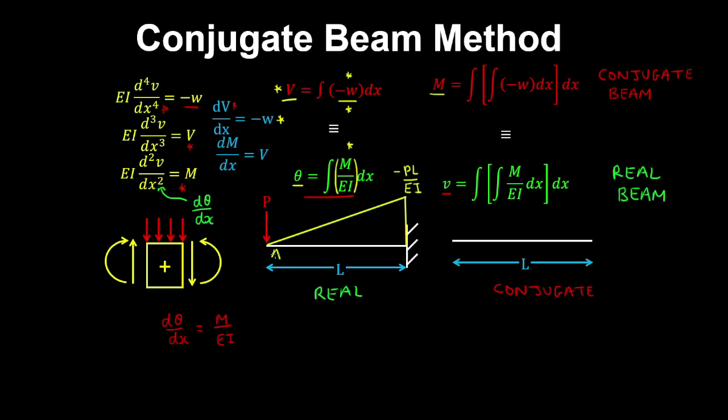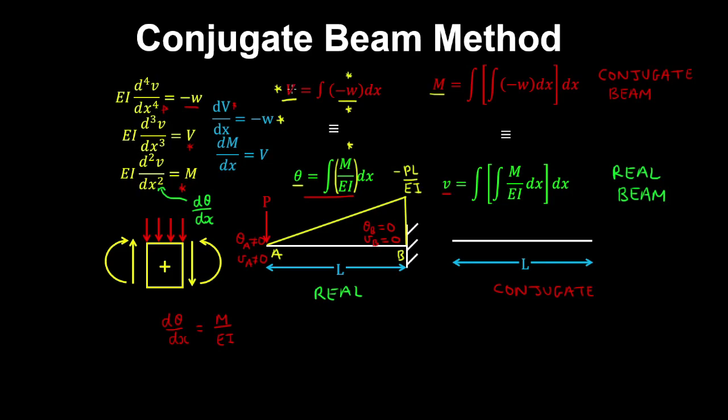So designating these points as A and B, we know the rotation at A, being a free end, is not 0, and the deflection at A is also not 0. But on the other side, the rotation at B is 0, and the deflection at B is also 0 at a fixed support.